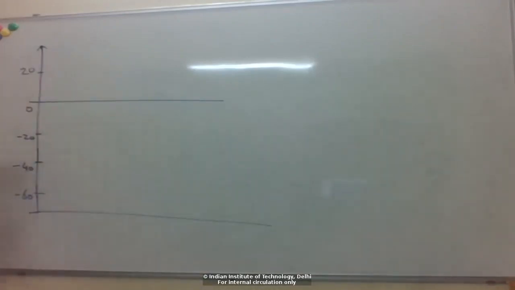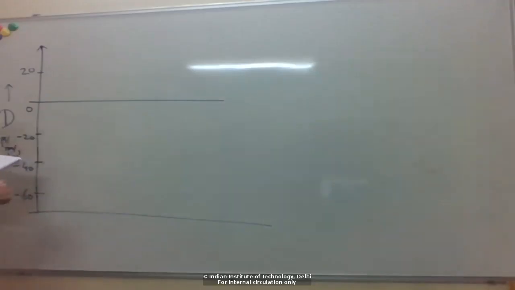Okay, so again on the y-axis we are plotting dispersion in picosecond per nanometer per kilometer. And this is the total dispersion, material plus waveguide.